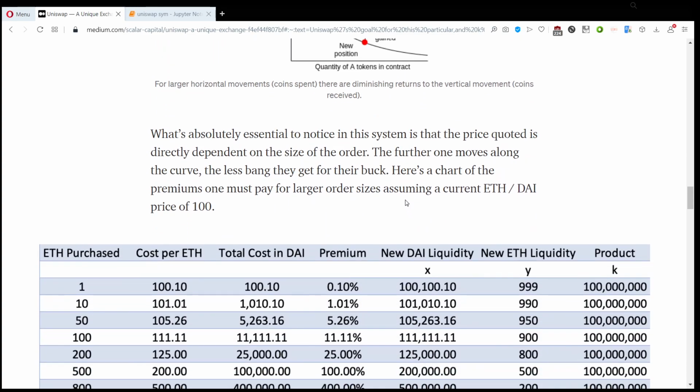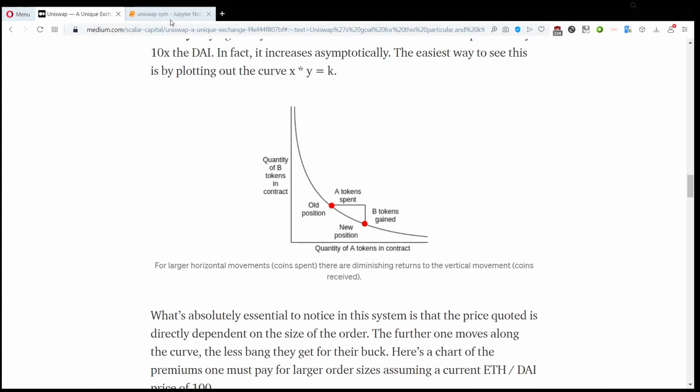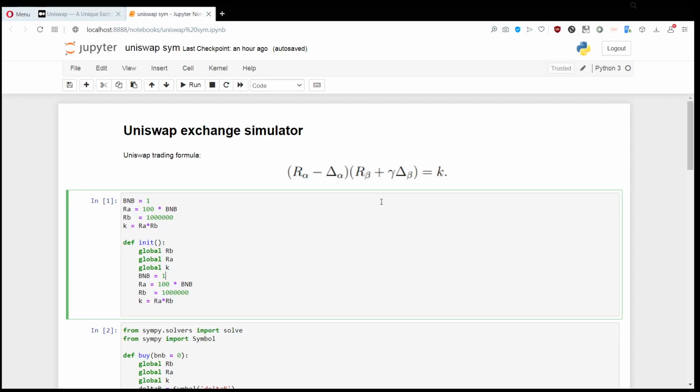So what I did was make an exchange. It's not very hard to do. I used Python for this, because I cannot code in Solidity or JavaScript. So I made an exchange simulator. The base token is going to be called BNB, and I placed 1 million tokens into the liquidity pool originally.